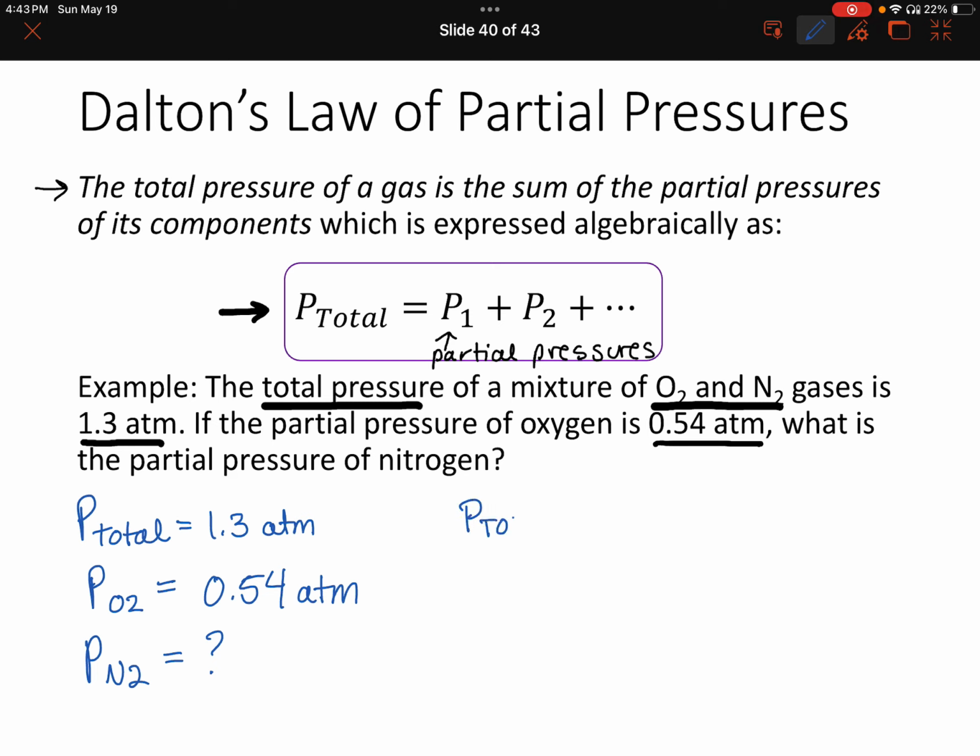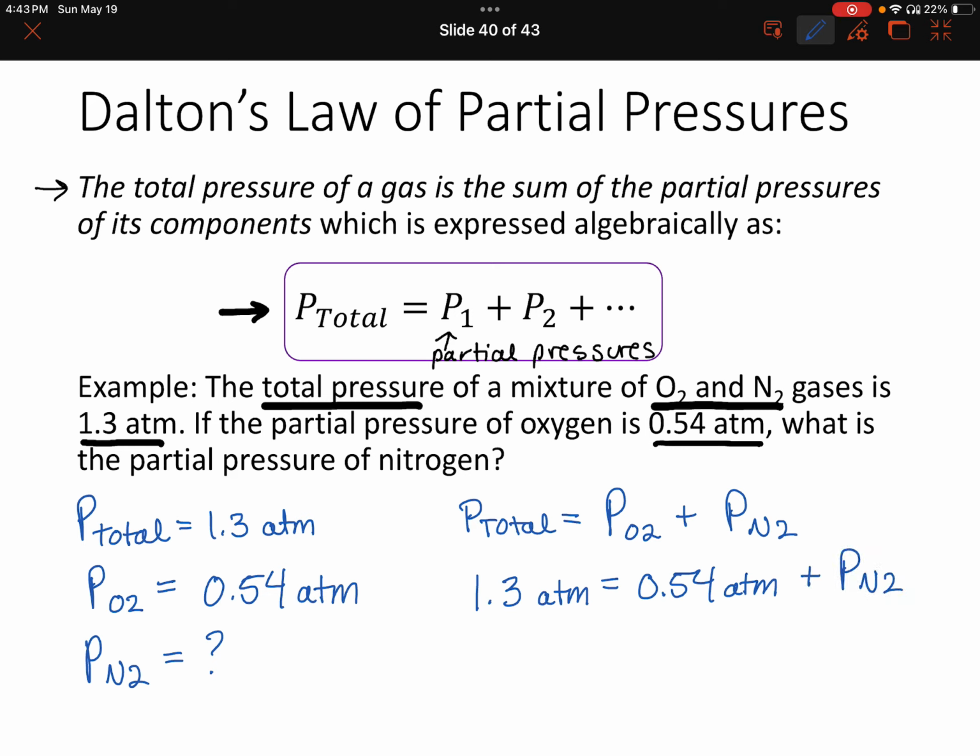So again, we're going to use our equation up above, and instead of 1, 2, 3, we're going to use O2 and N2. And then we'll plug in our values. So we've got 1.3 atmospheres for the total pressure, 0.54 atmospheres for the pressure of oxygen, and then we don't know what the pressure of nitrogen is. So now to rearrange this equation and solve for the pressure of nitrogen, we're just going to subtract 0.54 from both sides.